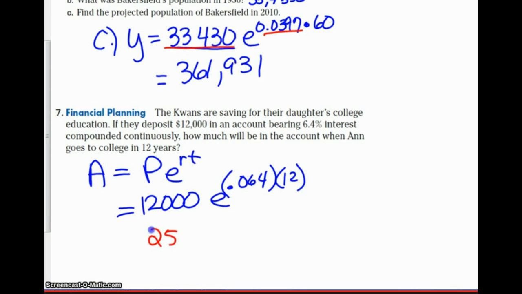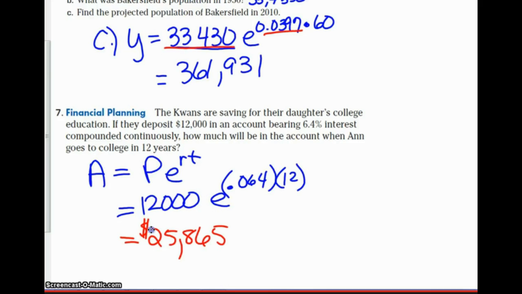Right now at the University of Minnesota, they're estimating that the first year of college for next year's freshmen is right around $28,000, and that's not including books and some other incidentals. So while they did a really good job of saving, that $25,000 is barely going to get through 1 year, which is kind of scary, but that's how it is.